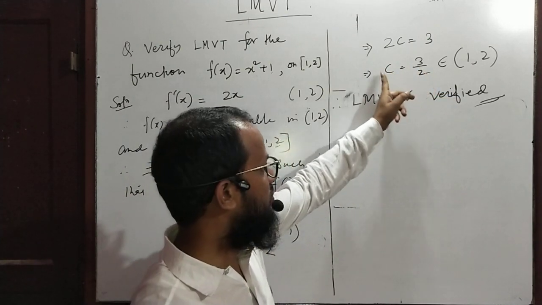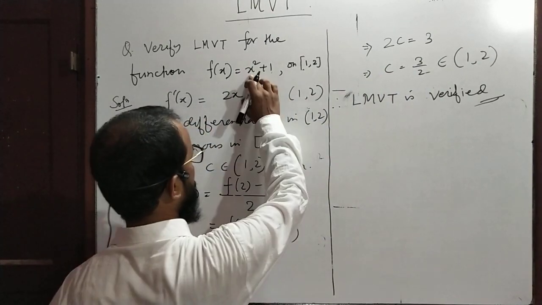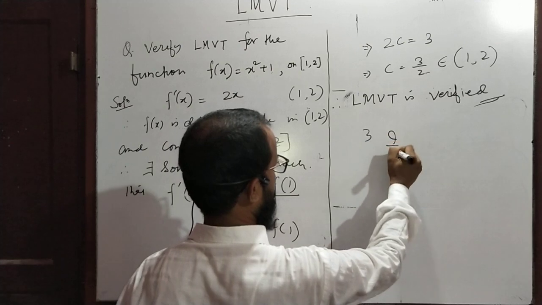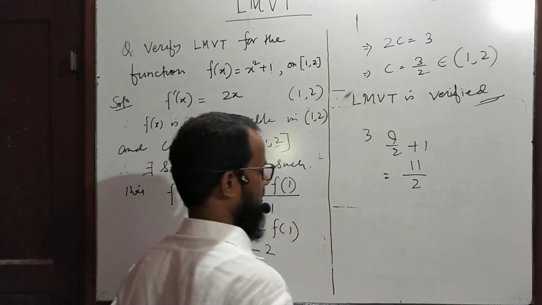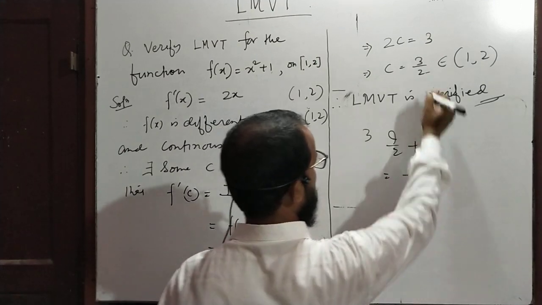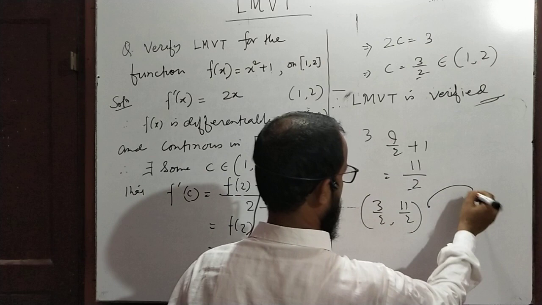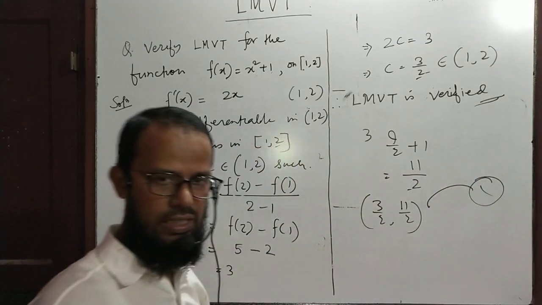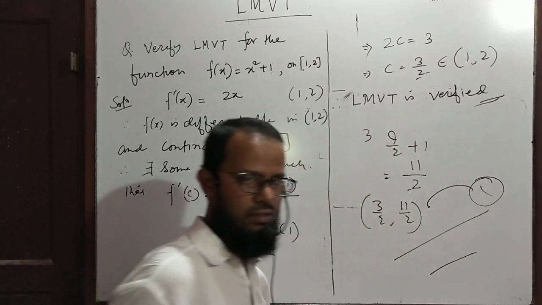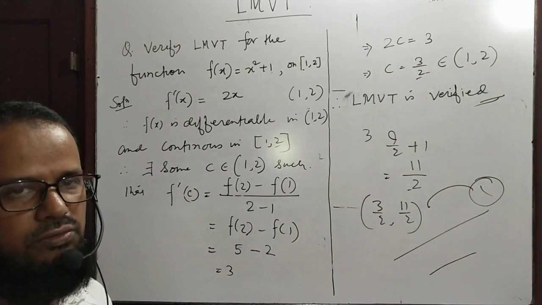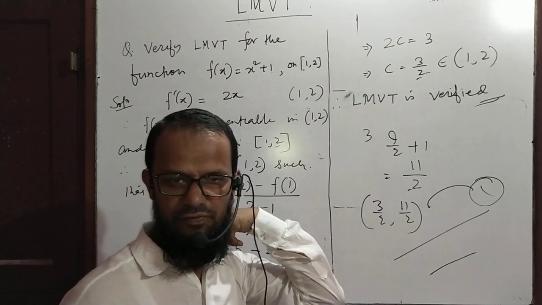So the corresponding y coordinate you have to find, and you will get the y coordinate as (3/2) square plus 1, that is 9 by 4 plus 1, equal to 13 by 4. That means (3/2, 13/4) is a point on the curve where the tangent is parallel to the chord. So you can add this, then your answer will be complete.